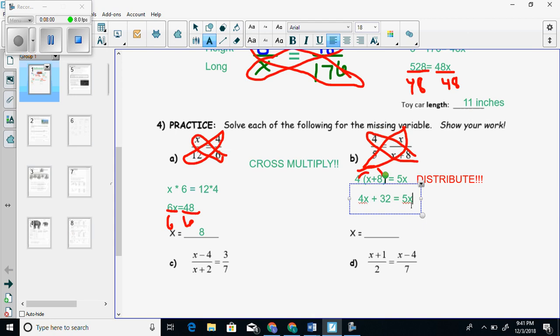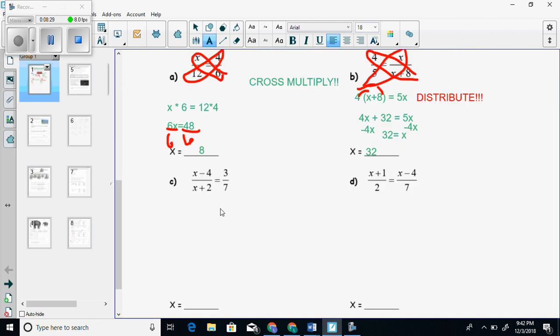I have to subtract 4x over here, subtract 4x over here. Okay, so I'm left with 32 over here. 32 equals x. So x equals 32.